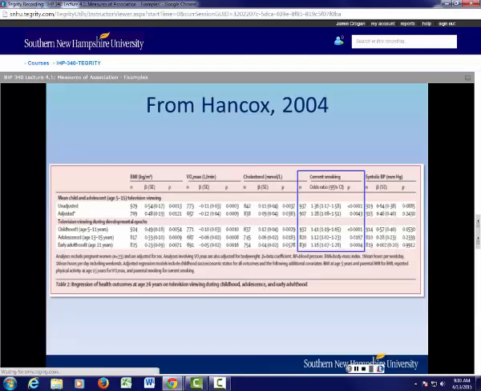And I want to point out that here's another typo. Just take a look at the underline under the headings, and the underline under the headings is a little bit off. What I've circled in my blue box is all of the information that applies to current smoking, but if you look at how the headings are underlined, you might think that some of what's in my blue box actually belongs to cholesterol, and that's a typo.